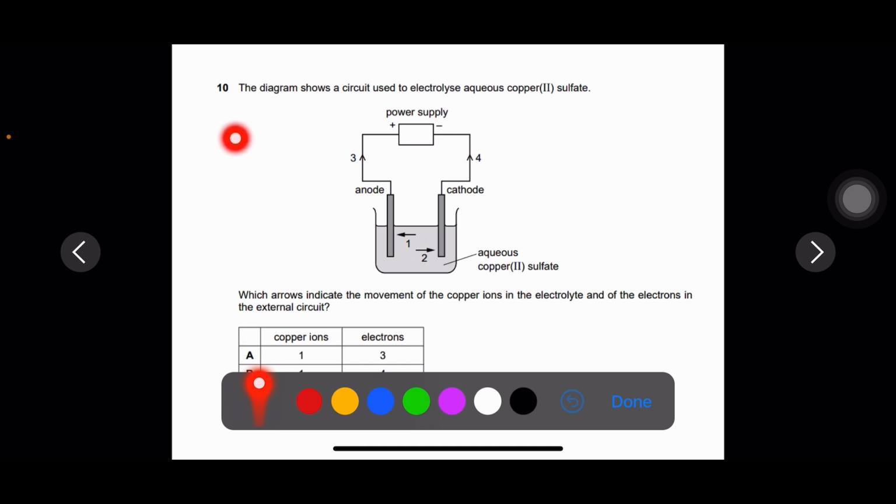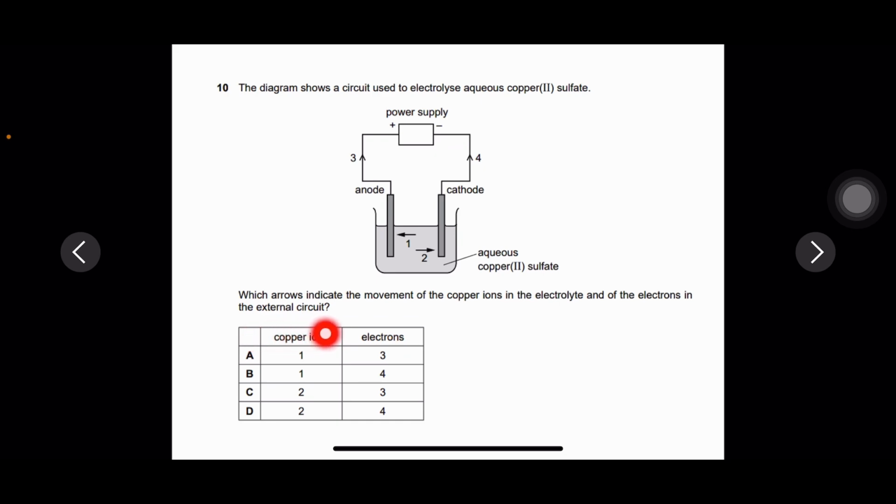Question number 10. The diagram shows a circuit used to electrolyze aqueous copper sulfate. Which arrow indicates the movement of copper ions in electrolyte and of the electrons in external circuit? Copper ions are positive ions, so they will be attracted to the cathode. So this arrow is showing you the direction of copper ions.